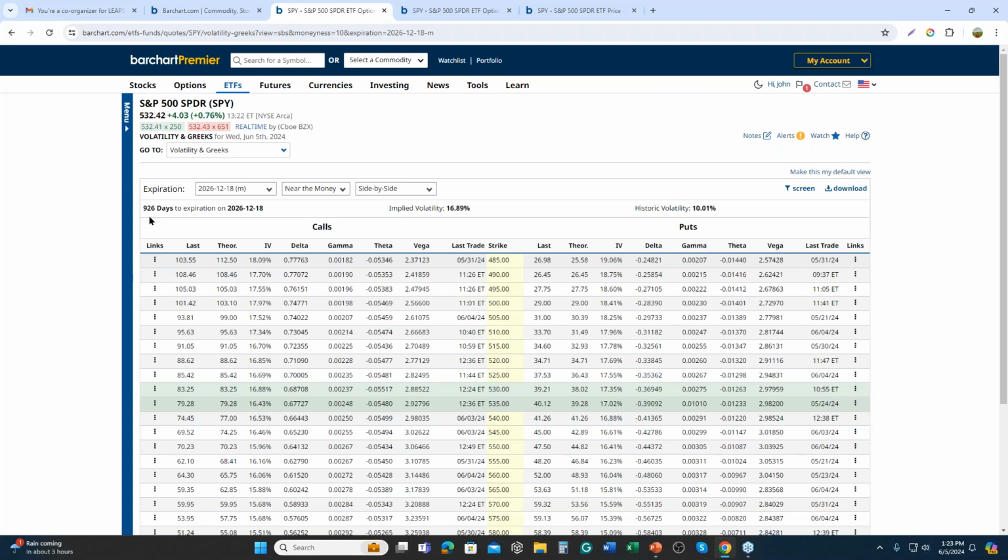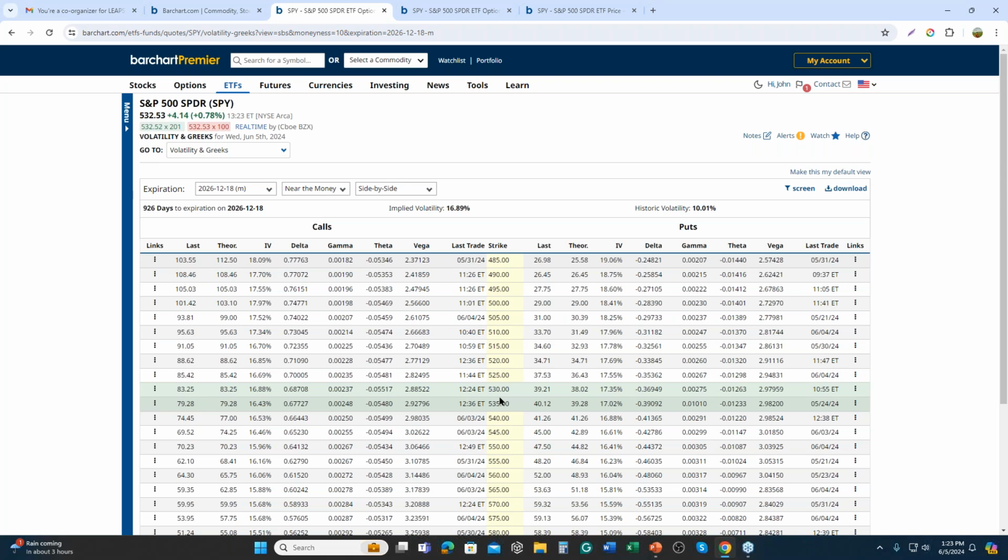And notice what happens here is we get the implied volatility that is specific to this expiry, in other words, this LEAP. And based on the volatility and Greeks page, we can see what the volatility is that is unique to each of the individual strikes that we might be considering.